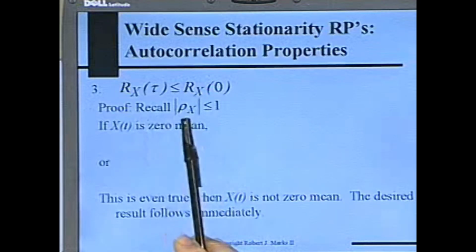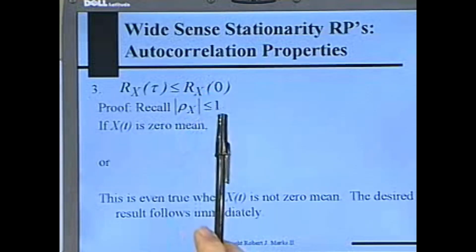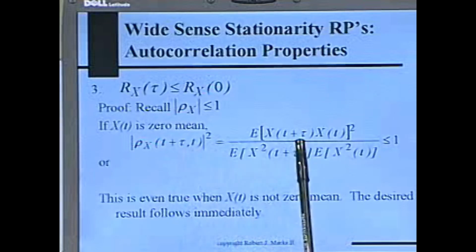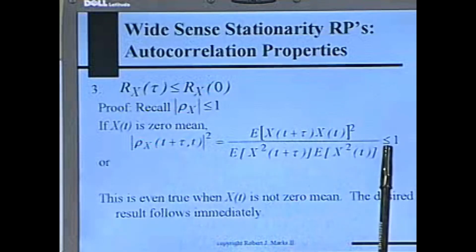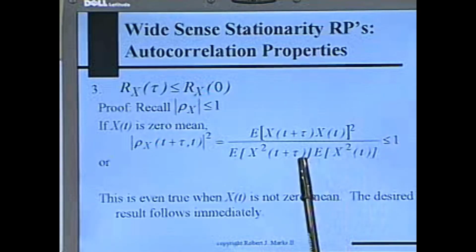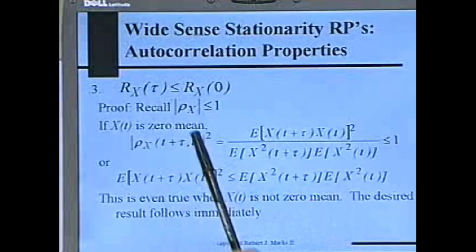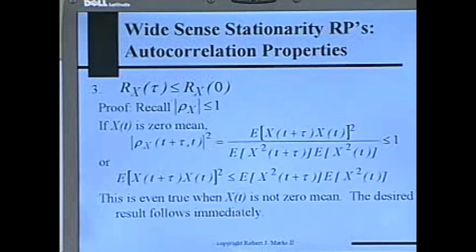The proof comes back from, remember the autocorrelation? We said the magnitude was always less than or equal to 1. Well, if we look at the definition of the autocorrelation at t and tau, we get this expression. We know that this is less than 1. And if we just manipulate this very easily, we find out that indeed the autocorrelation at the origin is a maximum.